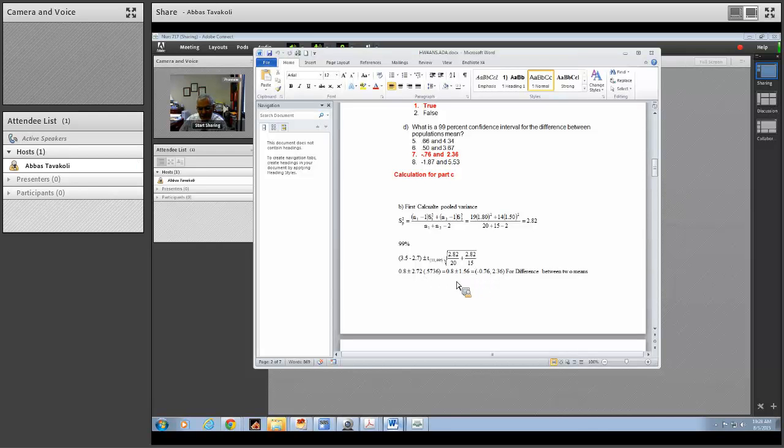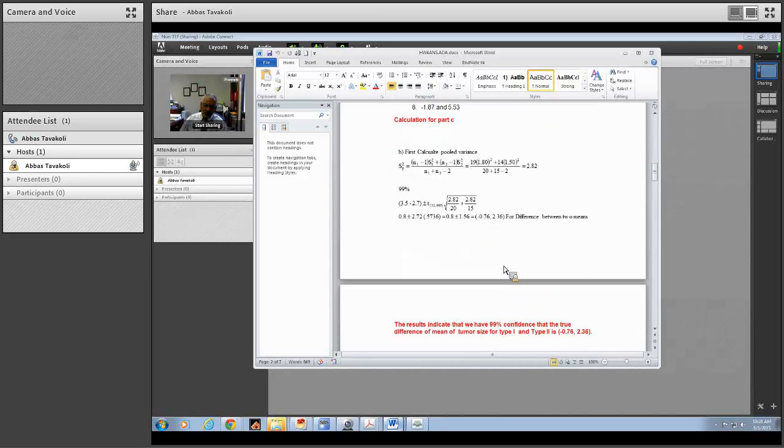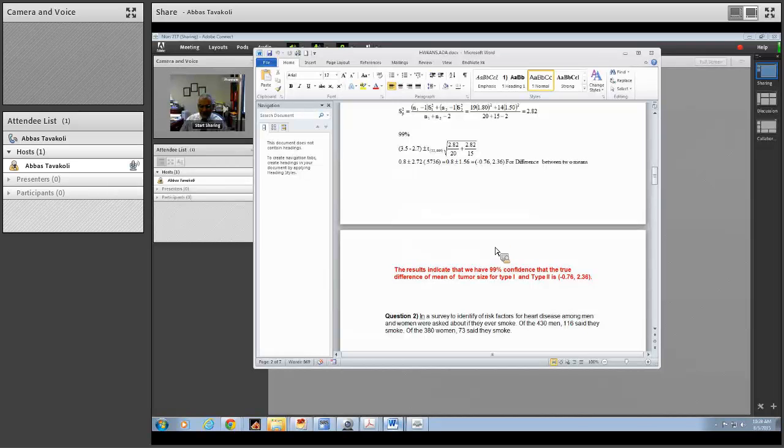You simplify and get negative 0.76 and 2.36. So in your confidence interval, 0 is included. Remember that, when you have 0, it means there is sometimes no difference between those two groups.